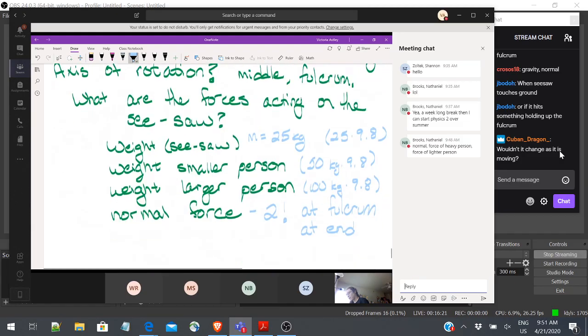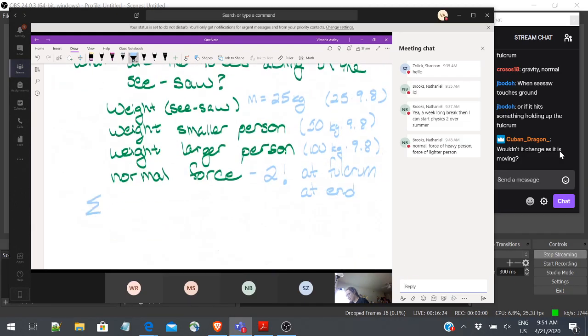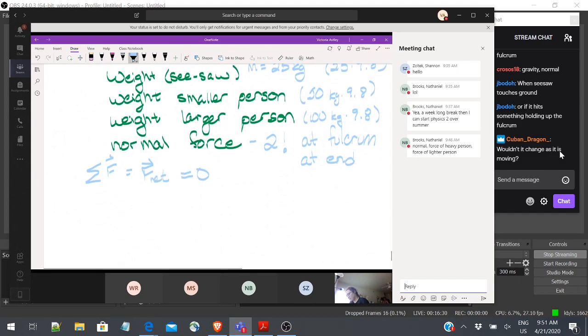Because you're like, okay, I know all of the forces have to add up to 0. So I have the weight of the seesaw, the weight of the small person, the weight of the large person, the normal at the fulcrum, and the normal at the end equals 0.